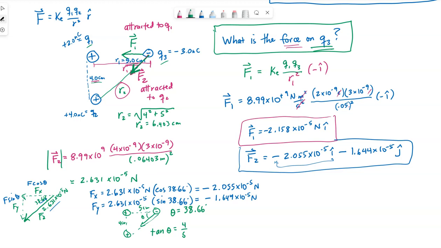So the overall force that Q3 experiences, we need to add these together. But we can't add magnitudes if they're not in the same direction. We can add x components to x components to get an overall x component. So both charges are pulling on Q3 to the left.